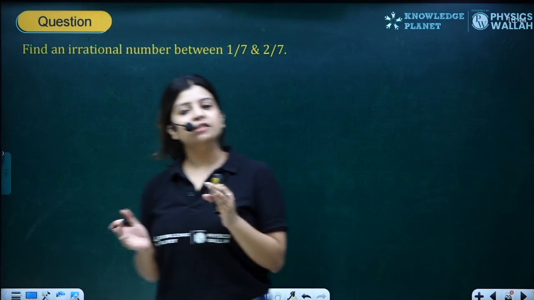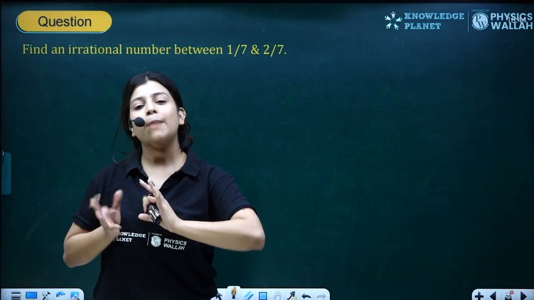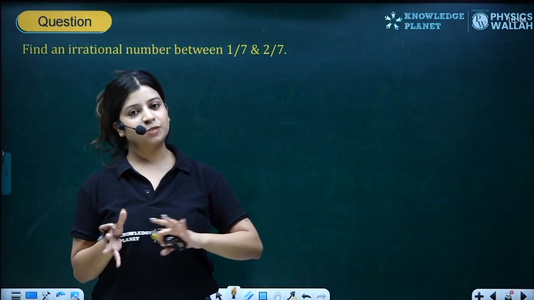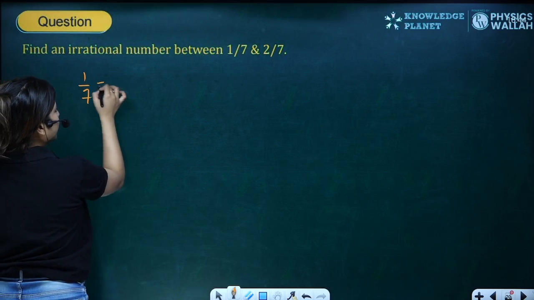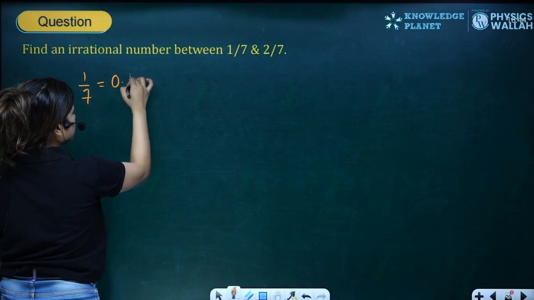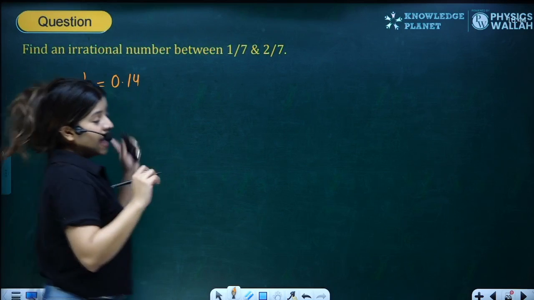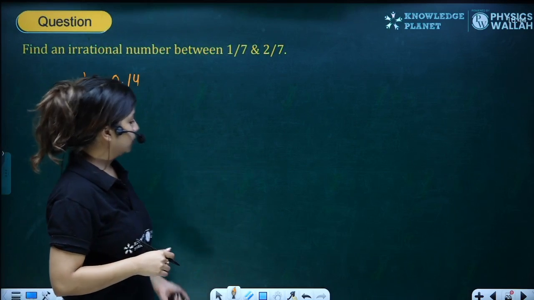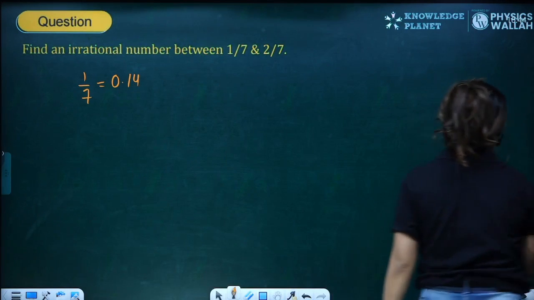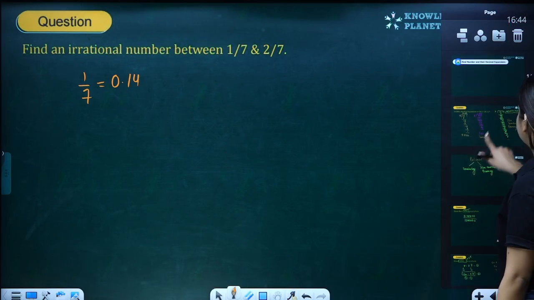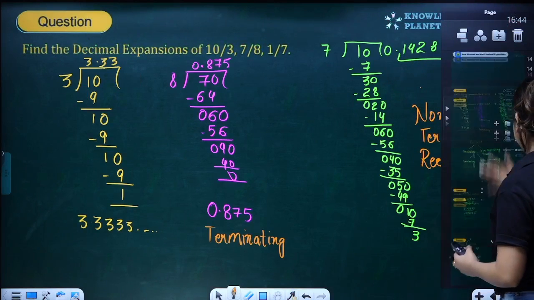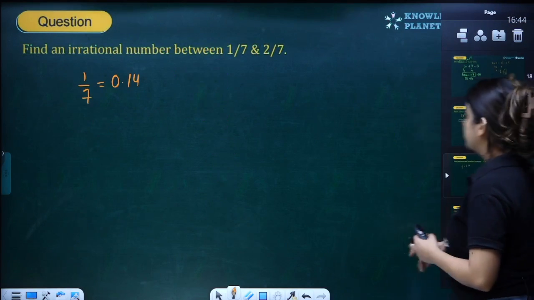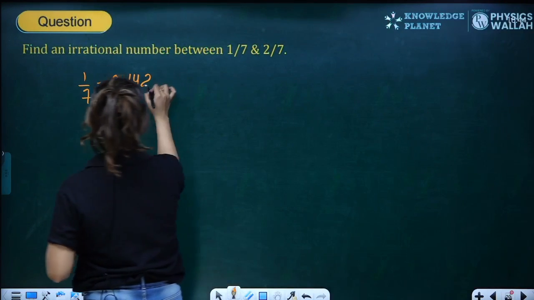First of all, we just take the approximate decimal expansion of these numbers. 1 by 7, as we have already done the division, will give us approximately 0.1428.